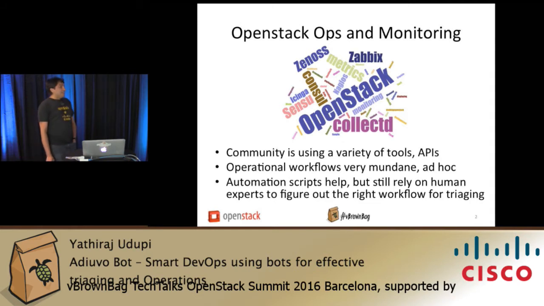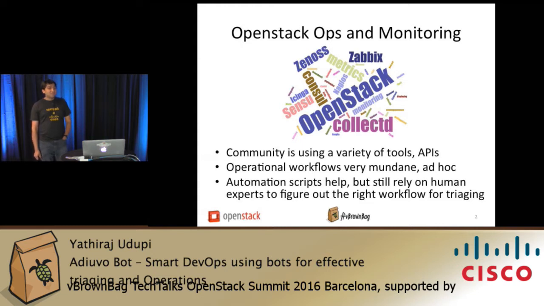As you can see here, the community, even in the OpenStack community as well as in the broad ops community, is using a whole bunch of tools to do operational monitoring. To name a few: Collectd, metrics monitoring, Sensu, Zenoss, name it.